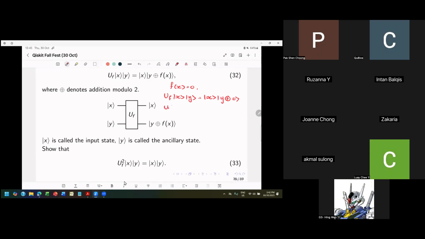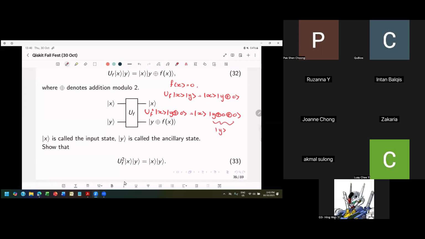So when you perform UF squared, this will be x. You do the modulo sum twice, so this actually does nothing. It will just give you back y. So this is the first part.